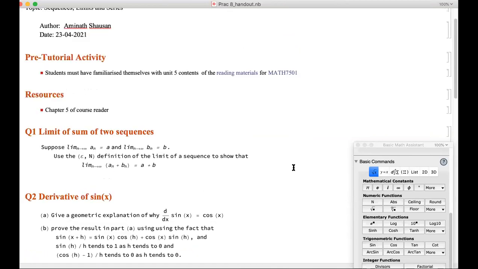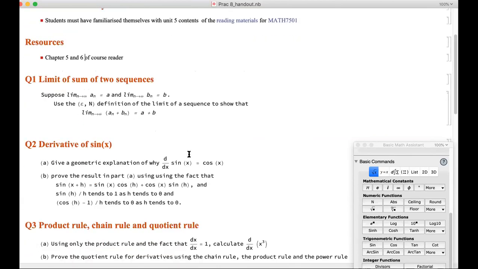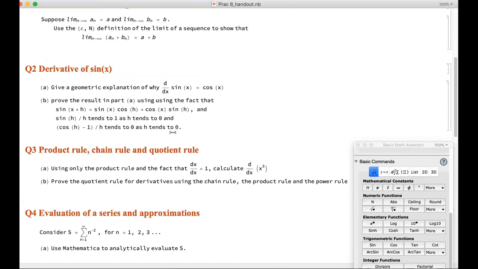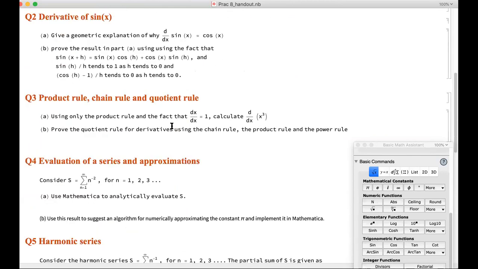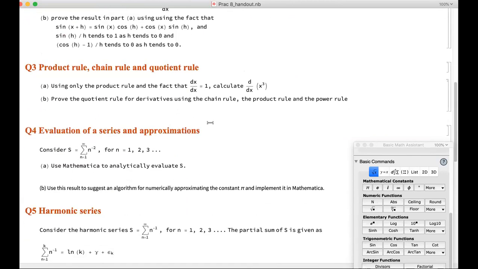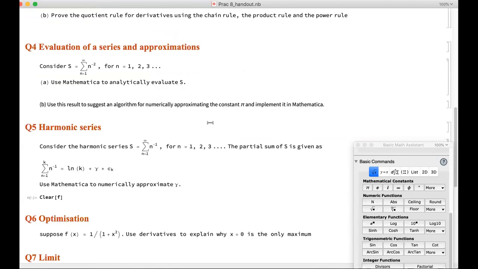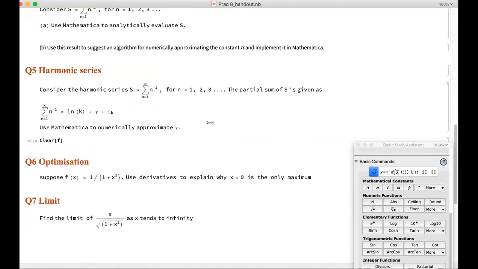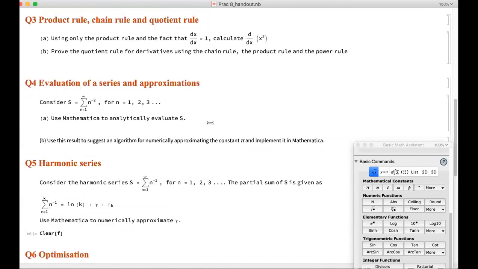Okay. Some of these questions are from chapter 5 and 6 of your course reader. And then some of these questions require hand calculations, but you can use Mathematica as an aid, for example, to plot functions to check if the limit exists or not.